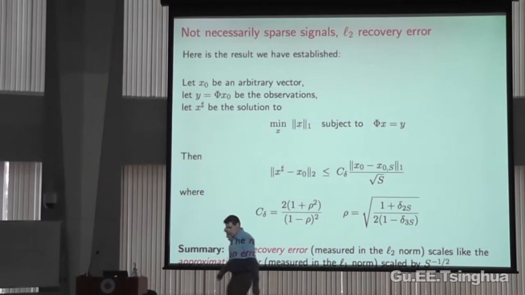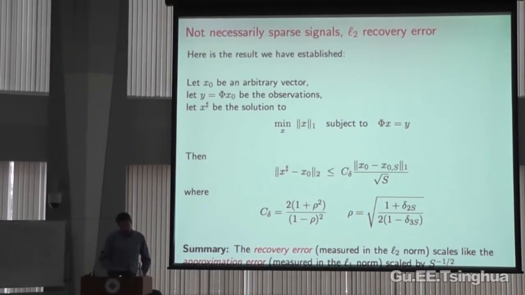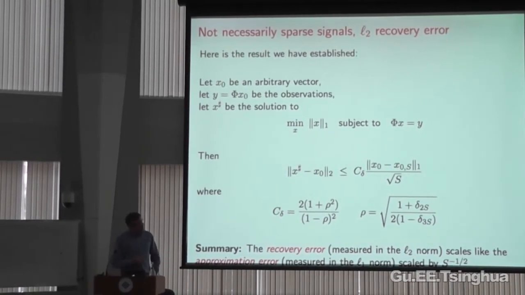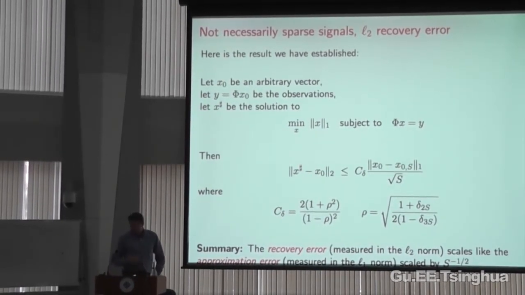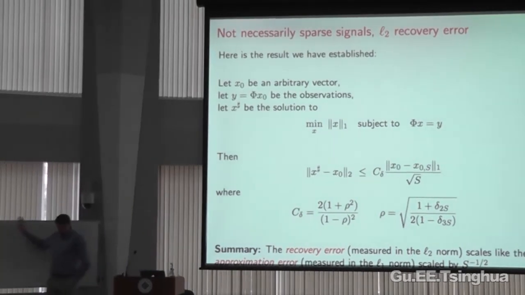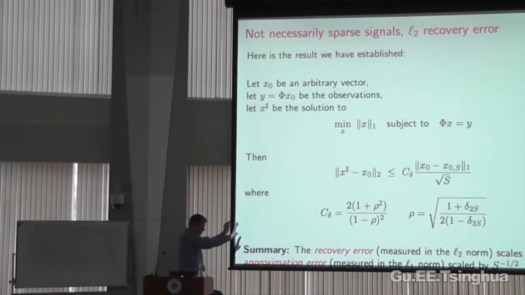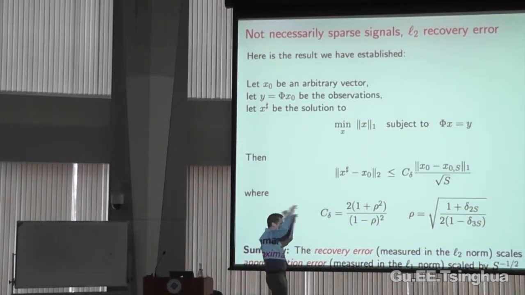So that's something. What do we have? We showed, by doing some simple manipulations, that even if my vector x naught is not exactly sparse, I can get two easy results given what I've done so far.